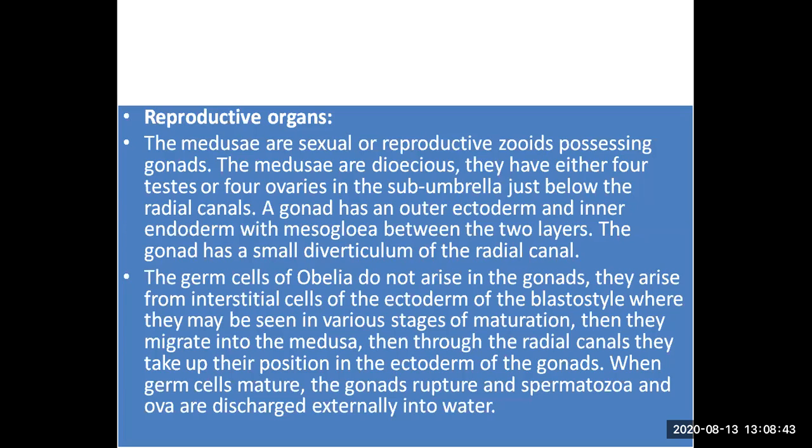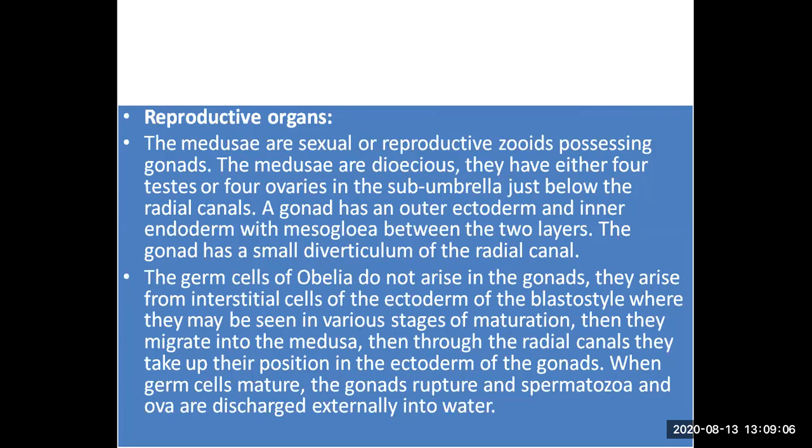They have either four testes or four ovaries in the subumbrella just below the radial canals. A gonad has an outer ectoderm and inner endoderm with mesoglea between the two layers. The gonad is a small diverticulum of the radial canal.